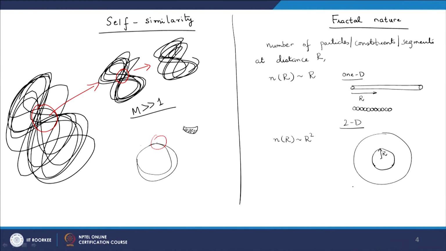Similarly, for 3D, let us say we have a sphere, the number of segments goes like r cubed. So, in general, for solid objects, n of r goes like r to the power d, where d is the dimensionality.